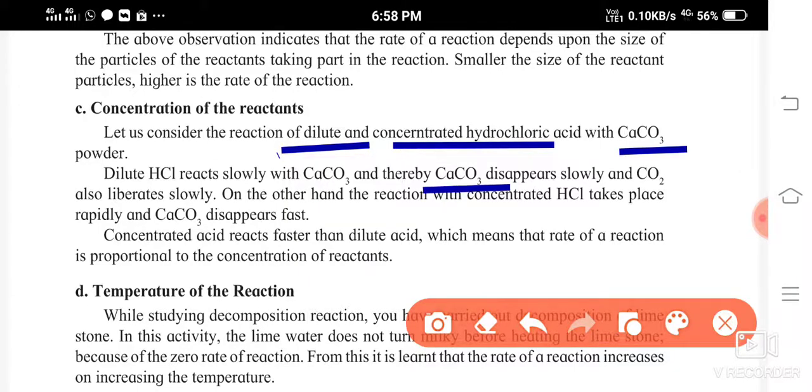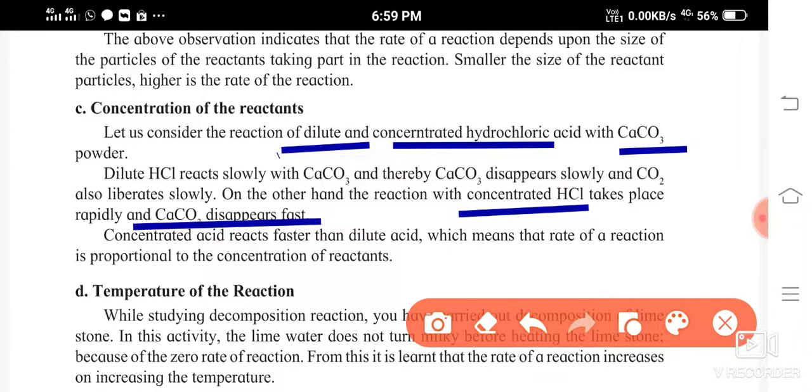On the other hand, when it is reacting with concentrated hydrochloric acid, calcium carbonate is going to disappear fast, as well as carbon dioxide is going to be liberated very rapidly.